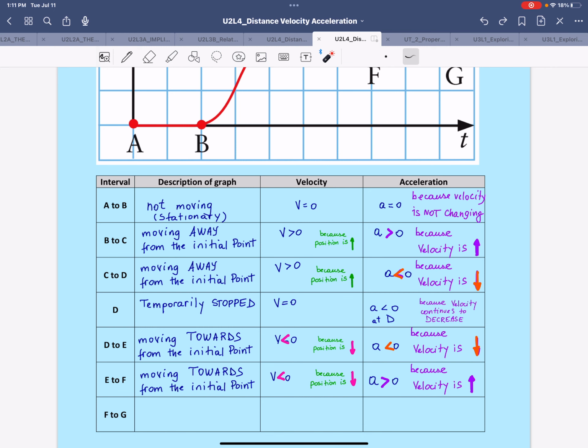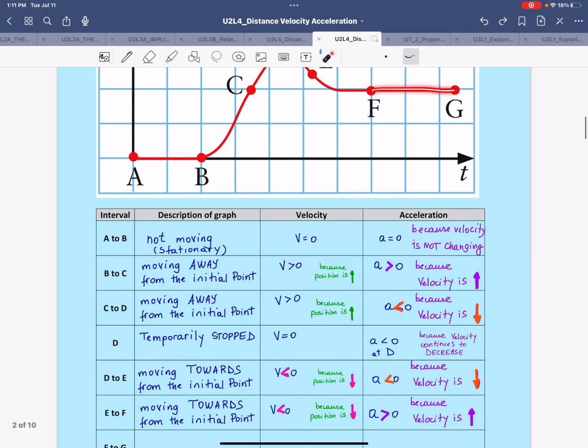So last we have the time interval from F to G. That is very similar to the interval from F to B. As you can see here, position is not changing. So the object is away from the initial point, so it's not at the initial point, but it's not moving.